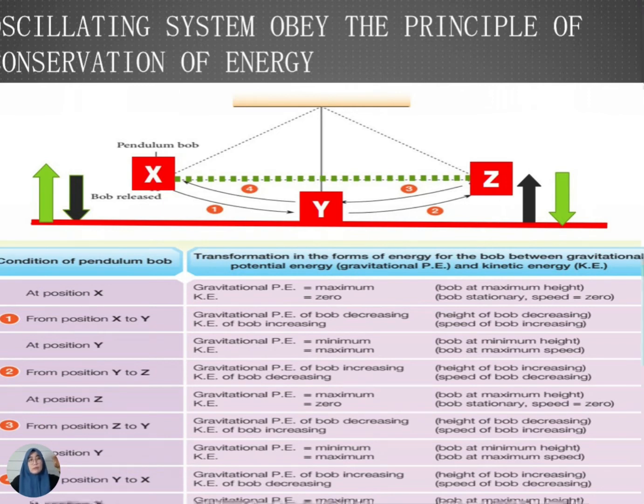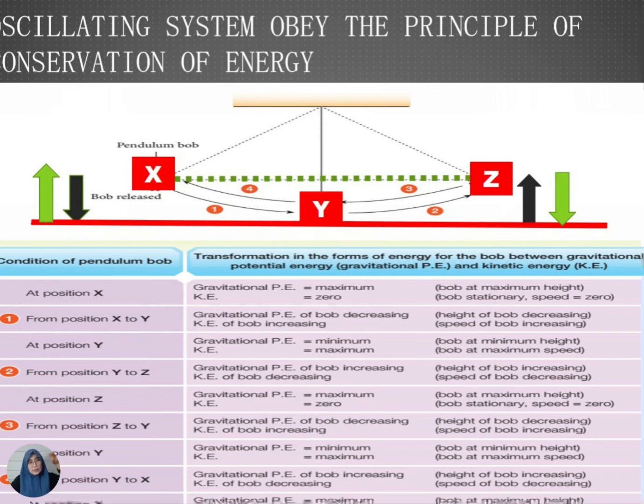The gravitational potential energy is at the maximum because the bob is at the maximum height. However, the kinetic energy is zero because the pendulum has not started yet, the bob is stationary and the speed is zero.